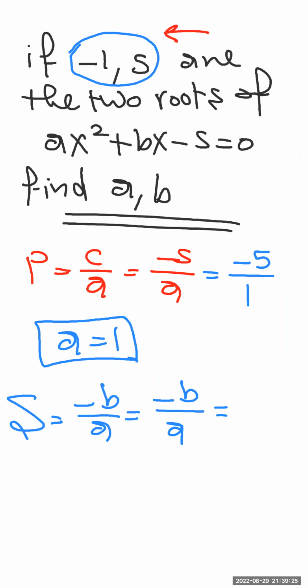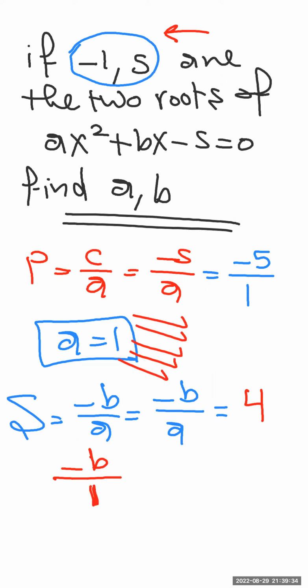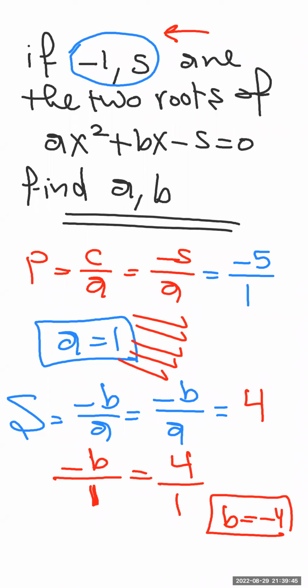What will be the sum? Equal 4. So negative b over 1, we got it, equals 4. So we use cross multiplication. So negative b equals 4. So b will equal negative 4. That's it. So that was the second way by using the rules about the product and the sum. Okay, guys?